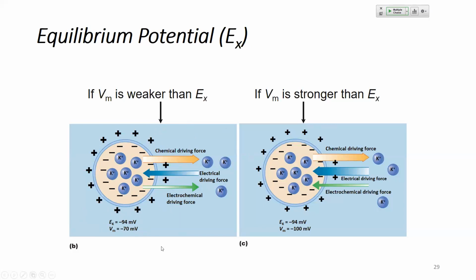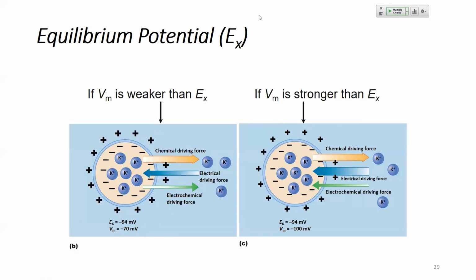Okay, let's look at an opposite scenario here. So in this side, the membrane potential now is stronger than the equilibrium potential. And what did we say that meant? Which of those 2 forces was dominant? The electrical driving force. Perfect.